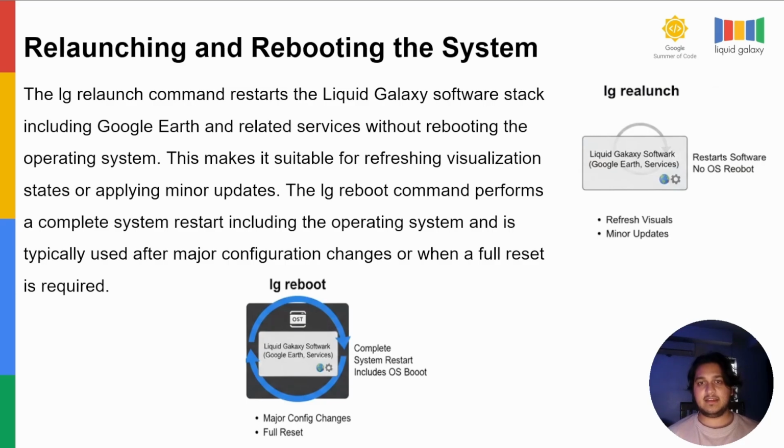On the other hand, lg-reboot reboots the entire operating system. It is used when major configurations are made or in case of system failures. Understanding this helps us choose the correct command at the correct time and helps us avoid restarting when it is not required.